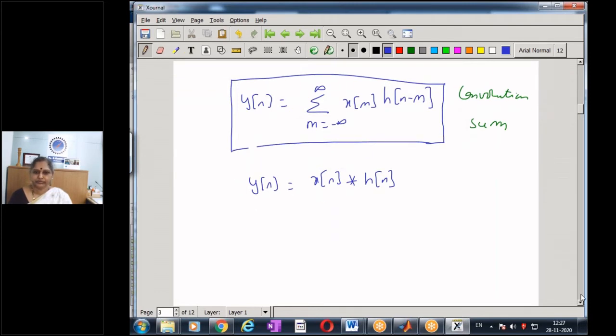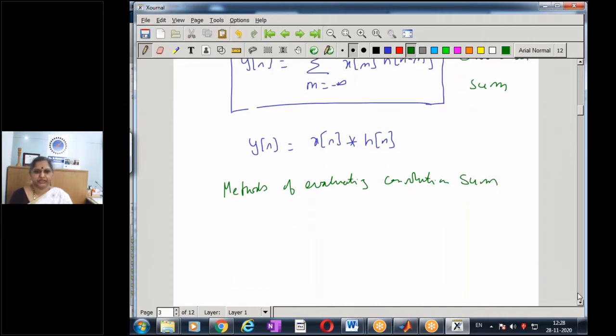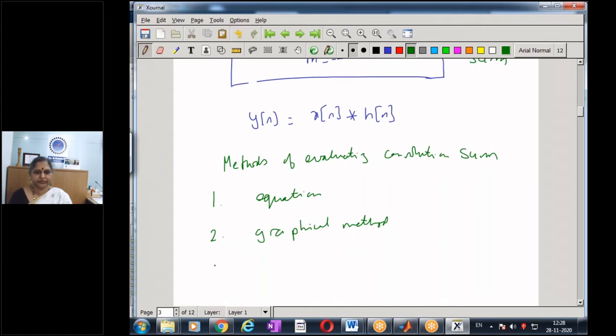Now, let us see the different methods of evaluating the above sum. Methods of evaluating the convolution sum: one is by direct evaluation of the above sum. The second is by using a graphical method, where we plot the signals and compute the result.